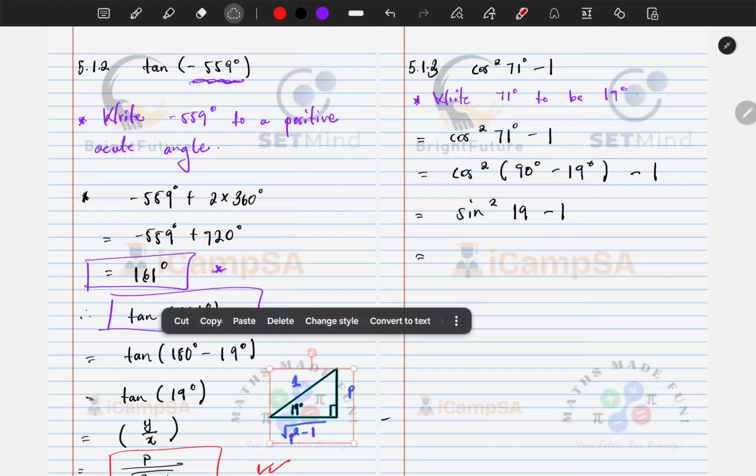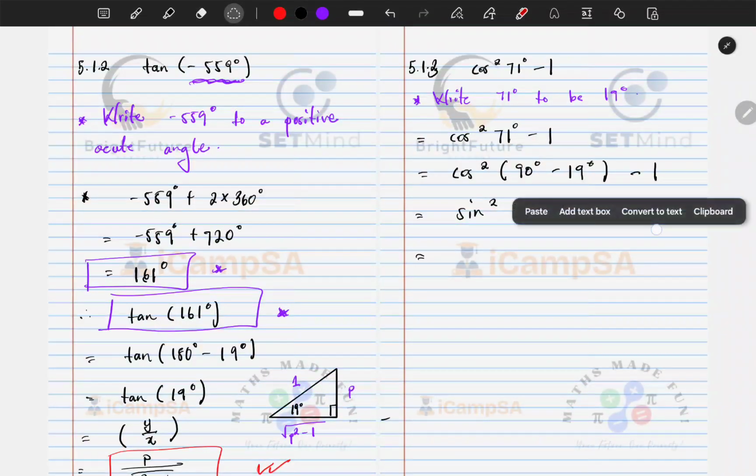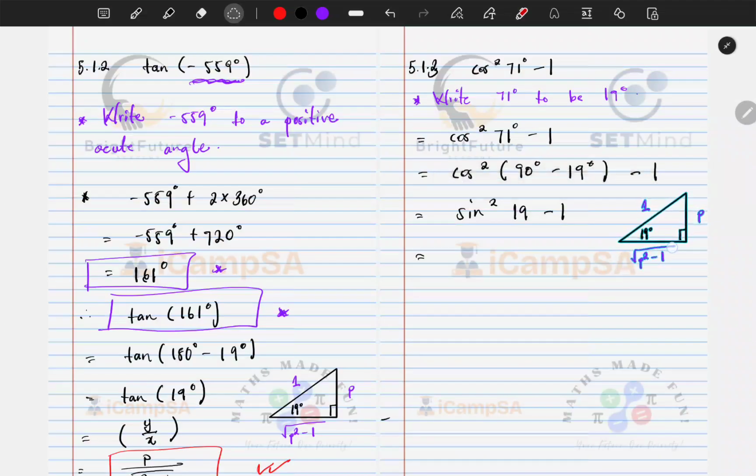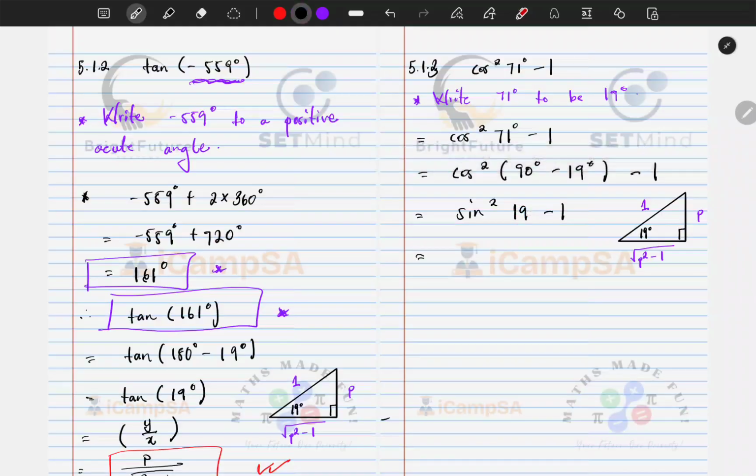So we can still take my right angle triangle and bring it here. Now I want sine of 19. What is sine of 19 degrees? Sine of 19 degrees is opposite over hypotenuse, which is y over r, all squared, minus 1.